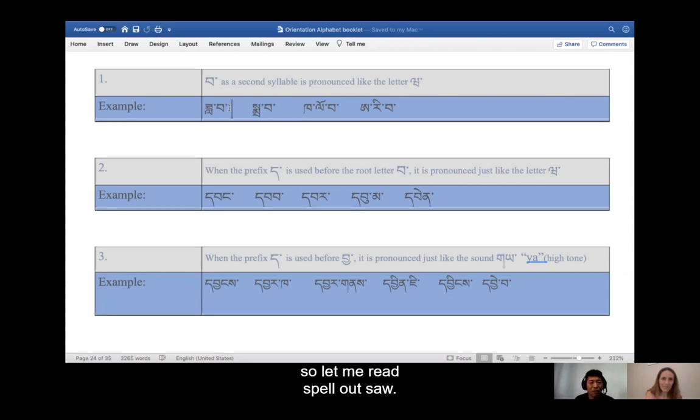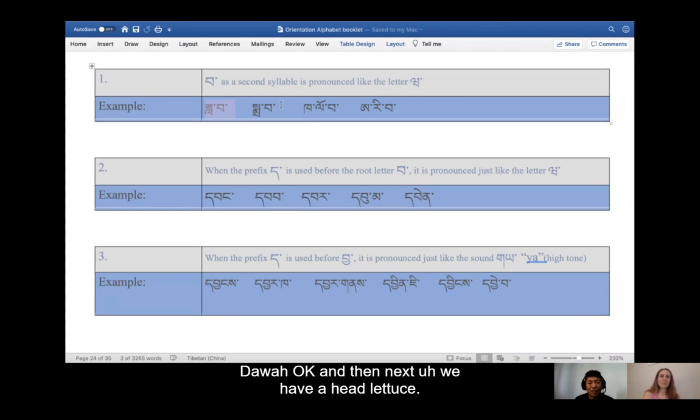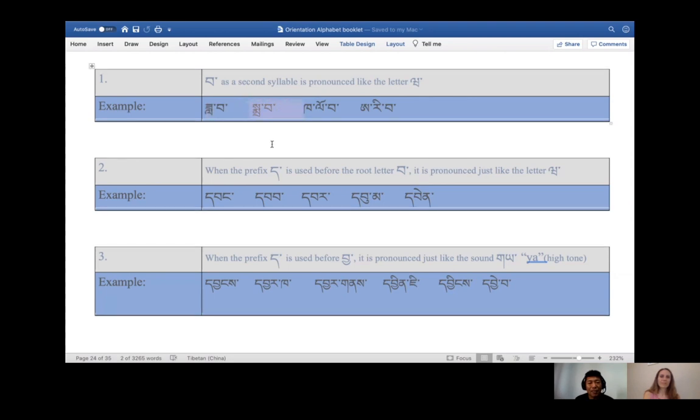Let me read, spell out. Sa, la, ta, ta. Okay, this is da, and then wa, ta, wa. Okay, sa, la, ta, ta, wa, ta, wa. Okay, and then next we have head letter sa, and then ma, and then ra ta.